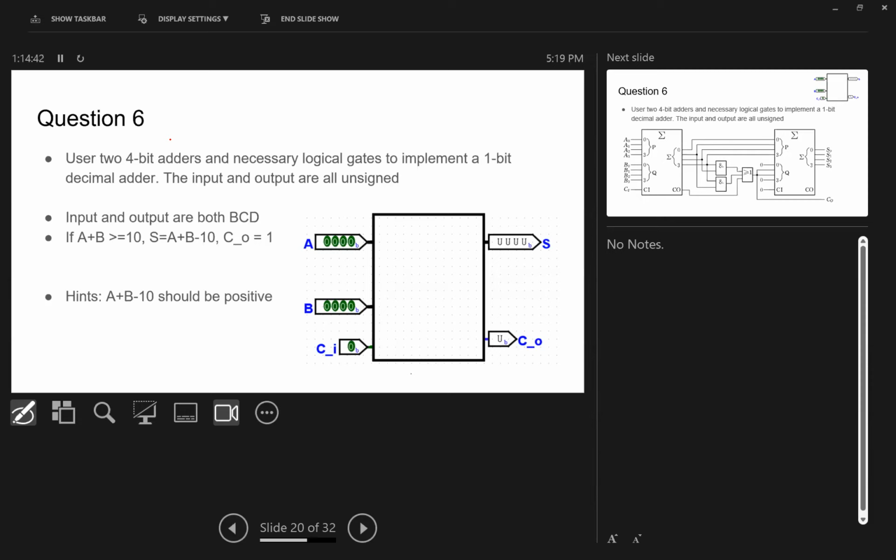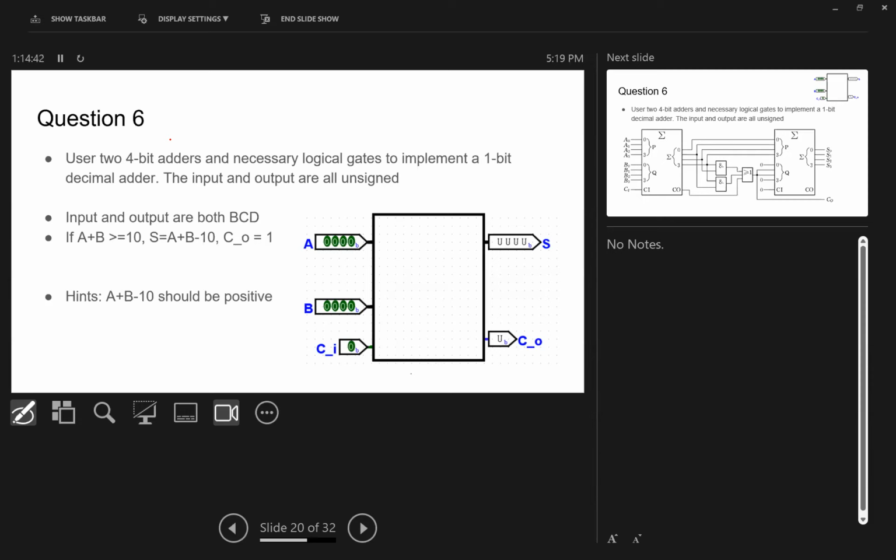So let's say we have a 5-bit result, and let's call it D: D4, D3, D2, D1, and D0.